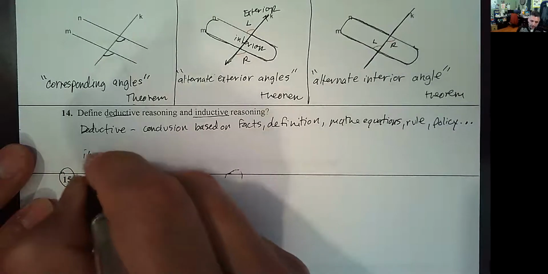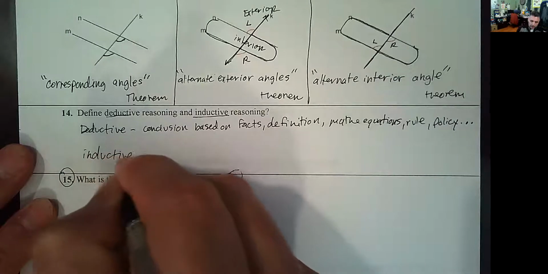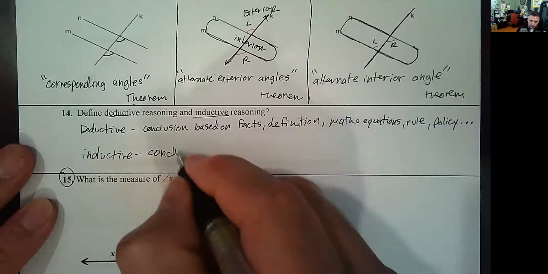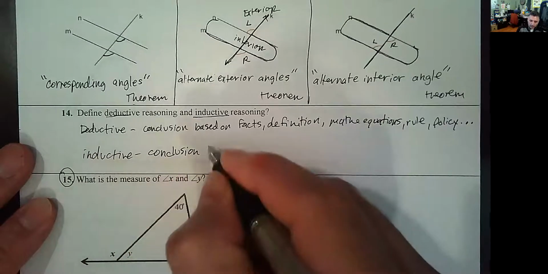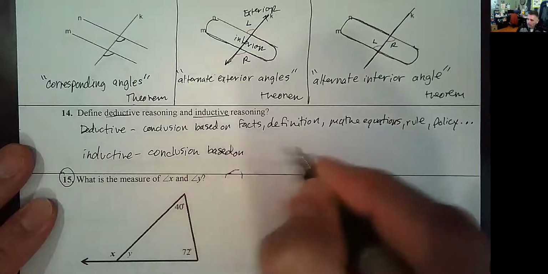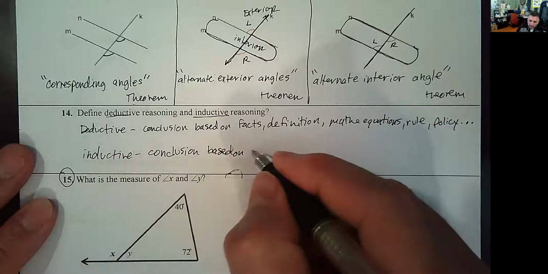And then for inductive reasoning, the conclusion or the conjecture is based on an observation that you made.